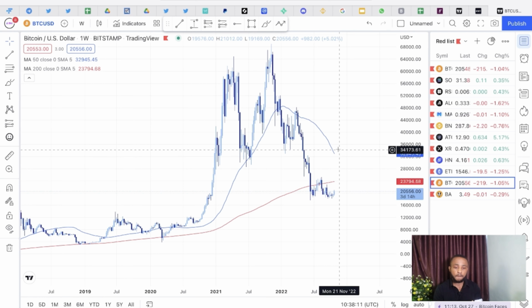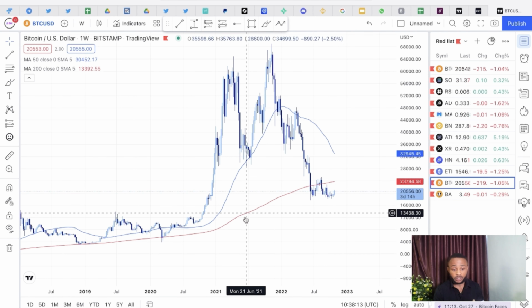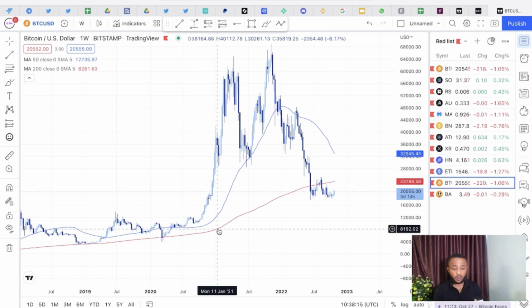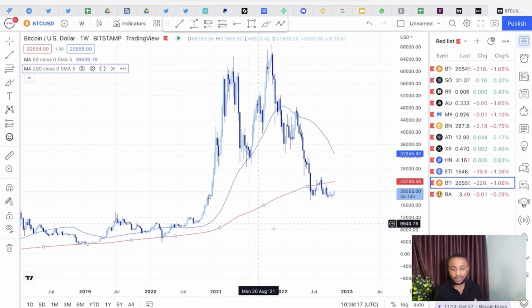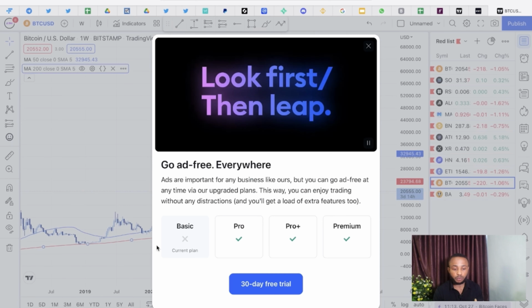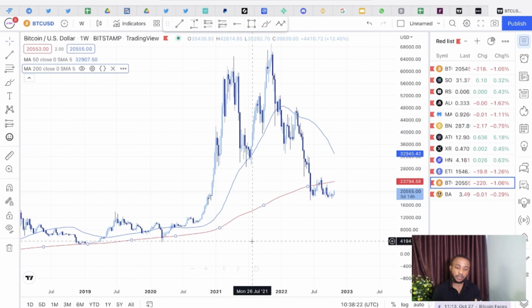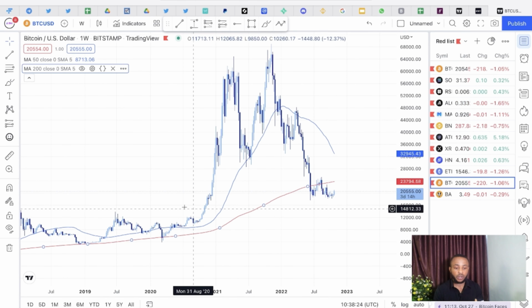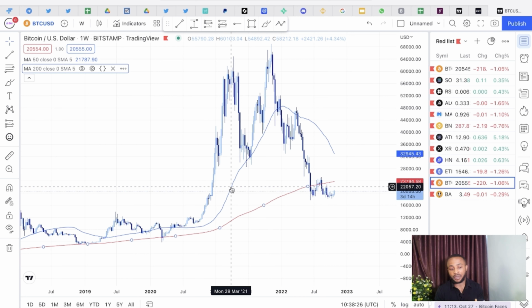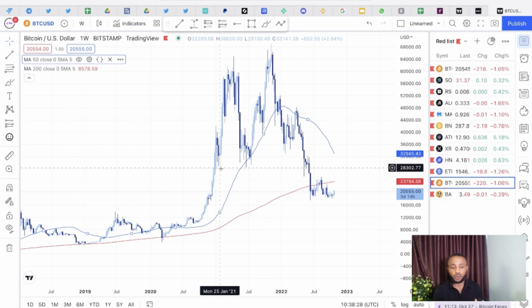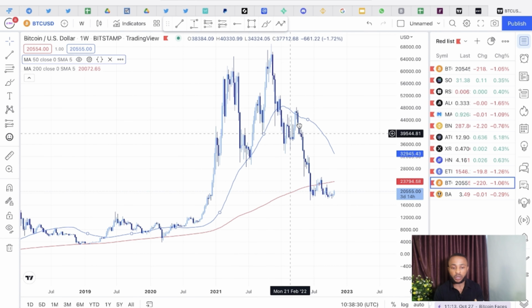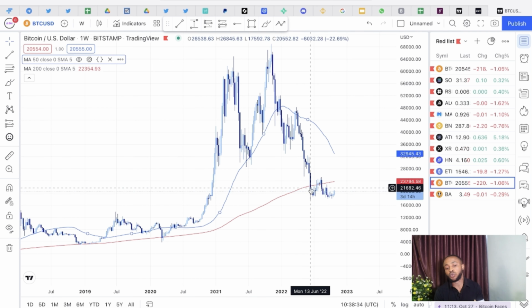You understand? According to the price history, we can see the price has hardly gone below the 200 weekly moving average. The other moving average is the 50-week moving average. Whenever we come below it, there's more likelihood that we'll come down to the 200 weekly moving average.